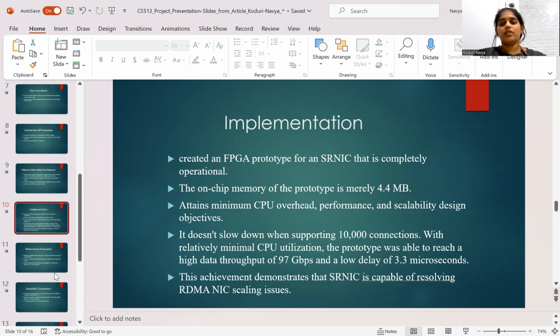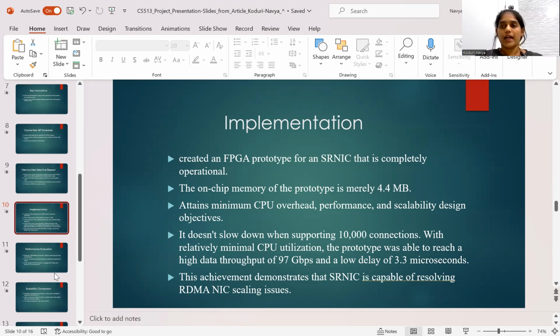The system does not slow down even when supporting 10,000 connections. With relatively minimal CPU utilization, the prototype was able to reach a high data throughput of 97 Gbps and a low delay of 3.3 microseconds. It never gets slowed down when treating a large number of connections.